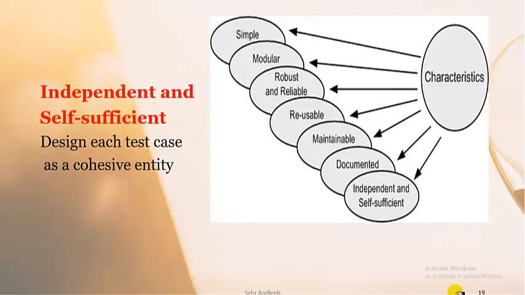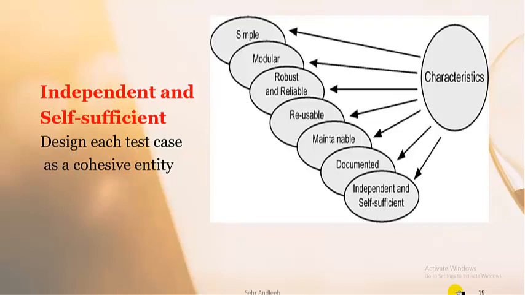So for example, if you have made test cases in sequence and one is dependent on the other, think of the scenario that a test case has failed and it is generating certain output saying that it has failed. So if the B test case is dependent on A, how can you run the B test case?